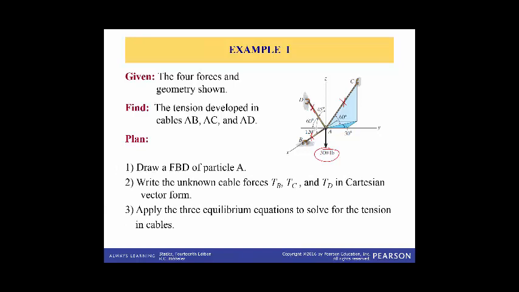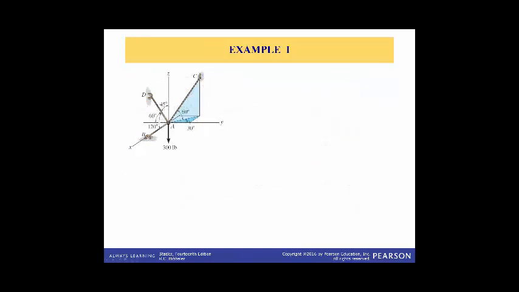We'll write the unknown cable forces in Cartesian vector form, so we know the projections in X, Y, and Z, so that then we can have the three equilibrium equations for solving the tension. Okay, so what I'm going to do is go with the easy ones first.